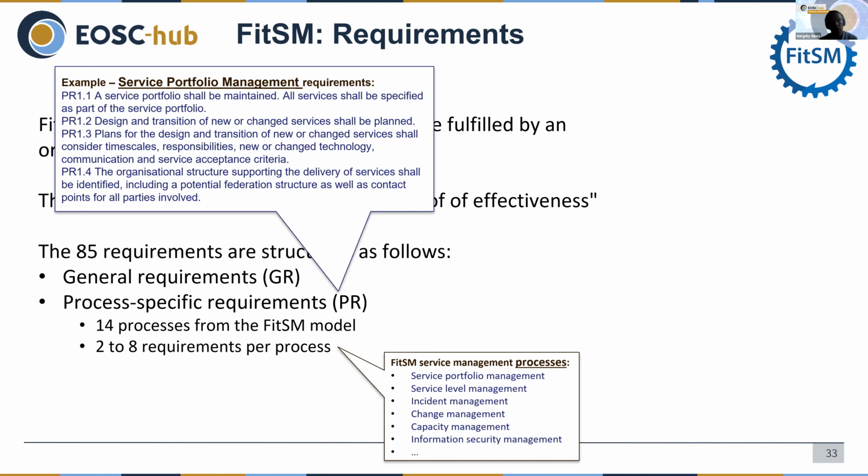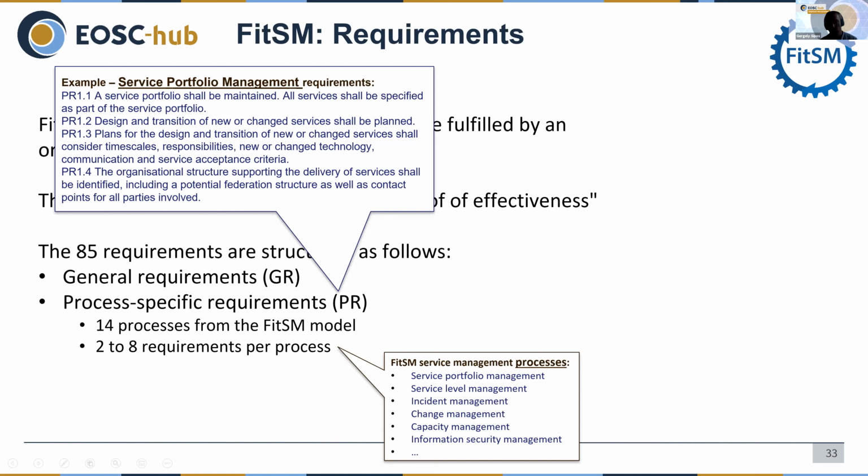You should have a process to transition services, enter them into the portfolio or retire them from the portfolio. You should have plans on how or based on what criteria you can add the new entry into the portfolio. And you should have a clear understanding of who is responsible for the delivery of each of the services in your portfolio. So these are the criteria, but how you meet those criteria is up to you.